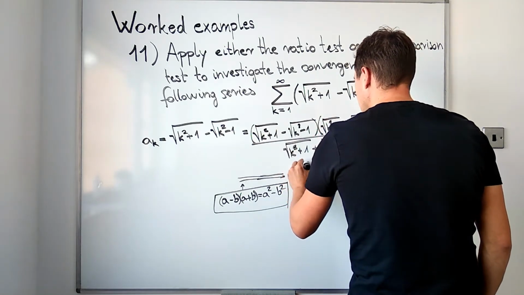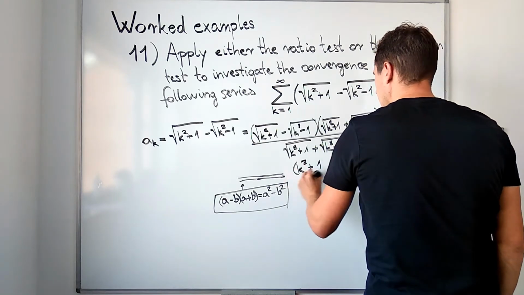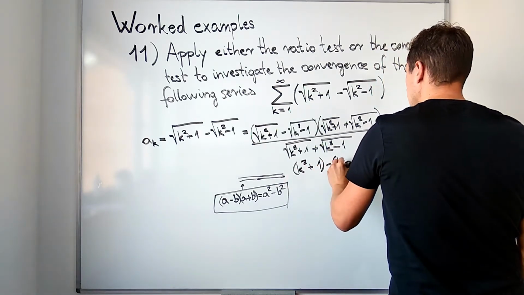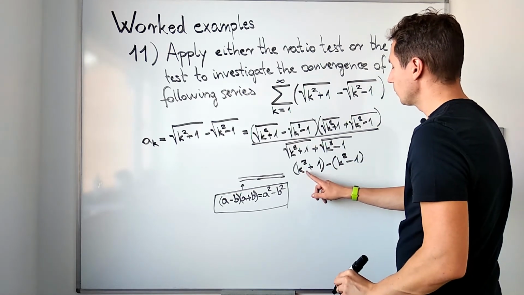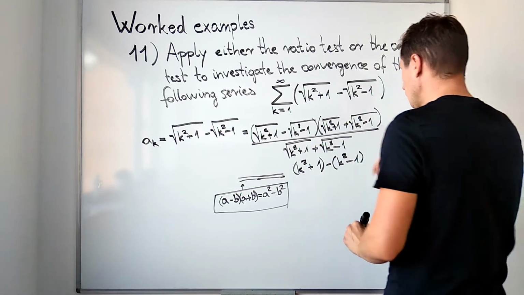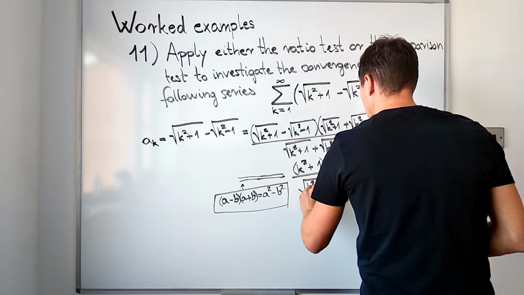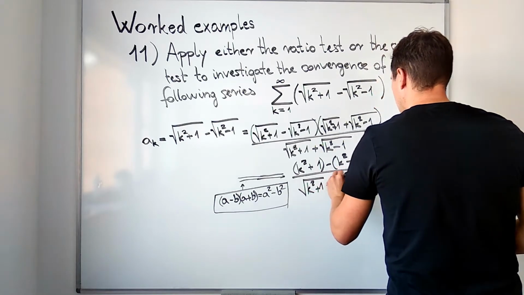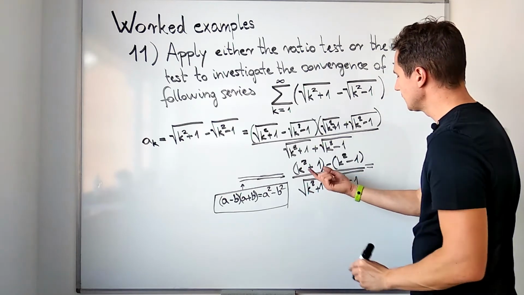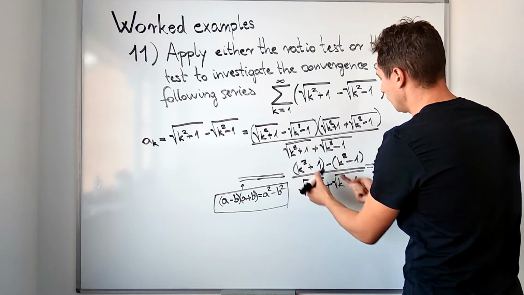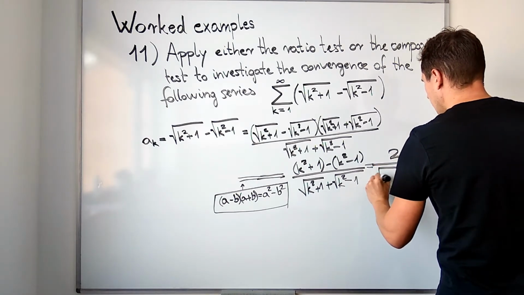So a squared is k squared plus 1 in this case, and b squared is k squared minus 1. So we get k squared plus 1 minus k squared minus 1, divided by that sum of square roots. In the numerator, what magically happens is that the k squared terms cancel, and we get 2 divided by the sum of the square roots.